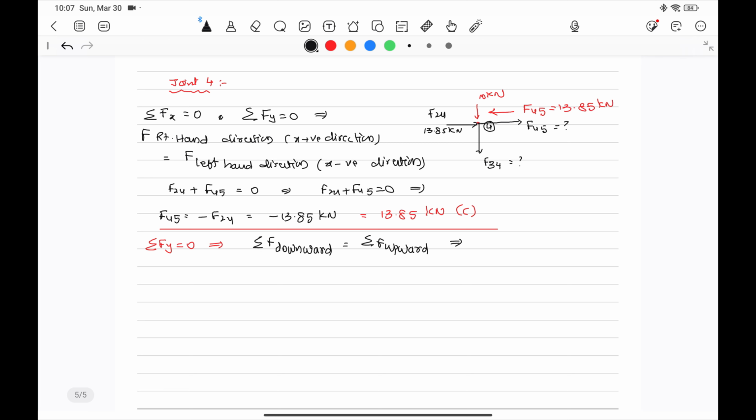Downward is 10 plus F34. Upward is 0. There is no force acting upward. That means F34 is equal to minus 10 kilonewtons. That is equal to 10 kilonewtons compression.